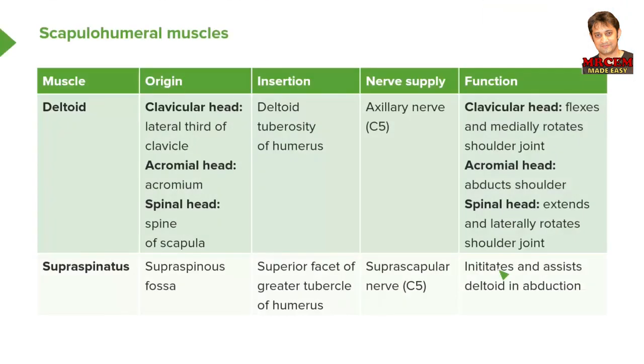So the initiation of abduction is not actually carried out via deltoid. The initiation of abduction is carried out by supraspinatus. It then assists deltoid when it takes over abduction. So starting abduction is supraspinatus. Deltoid then carries on abduction beyond the first initial 15 degrees of abduction.